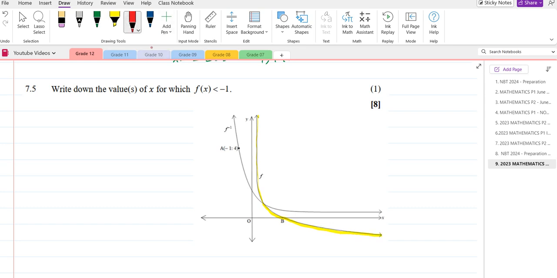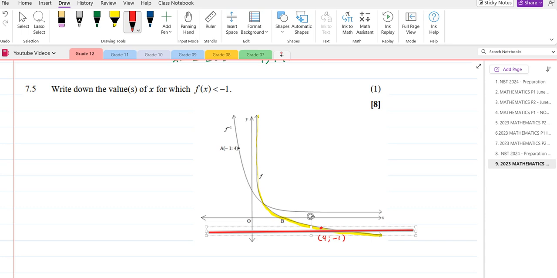So I draw a horizontal line. Remember the reflection of A. It was (4, -1), right? And now we want to know when it is less than -1. So we draw a horizontal cut on this line because remember f of x equals -1.